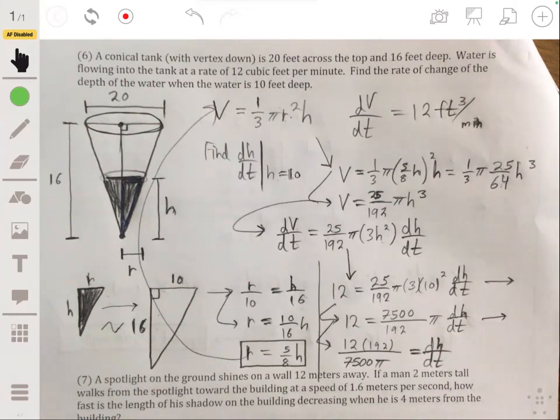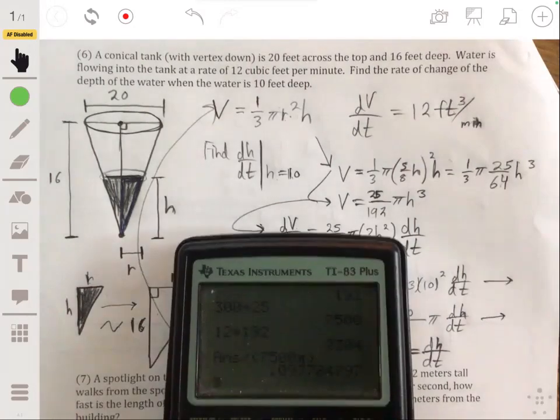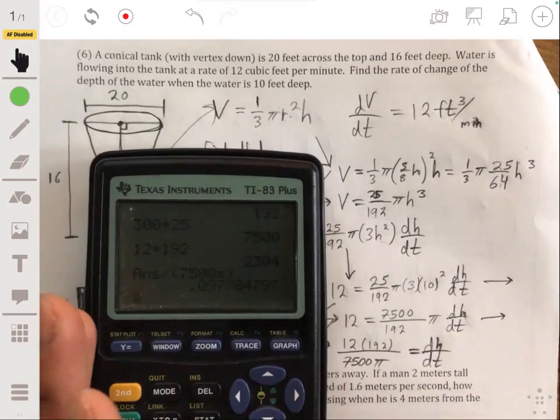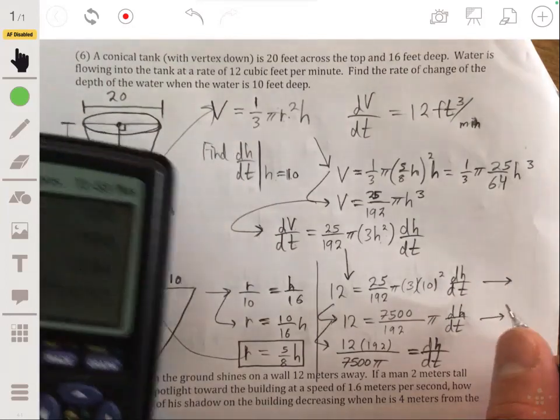Let's use the power of a calculator. And we'll get about 0.097784797 feet per minute.